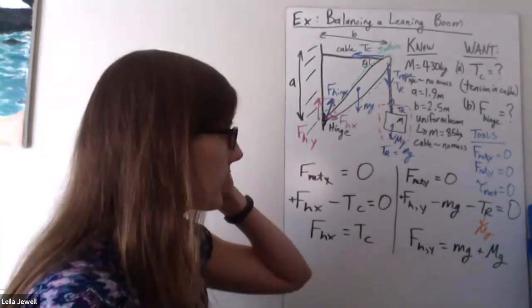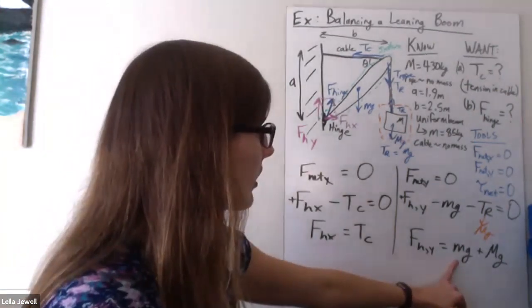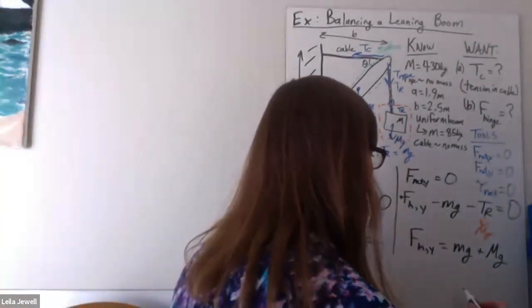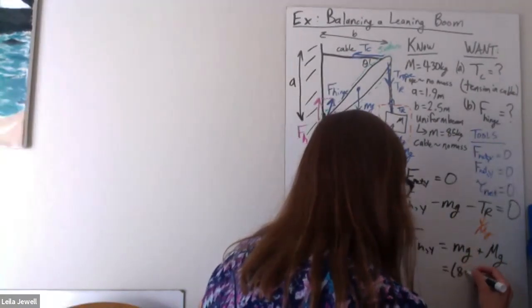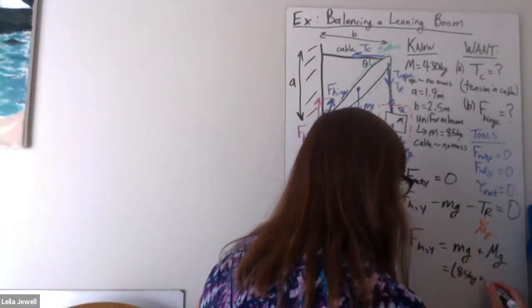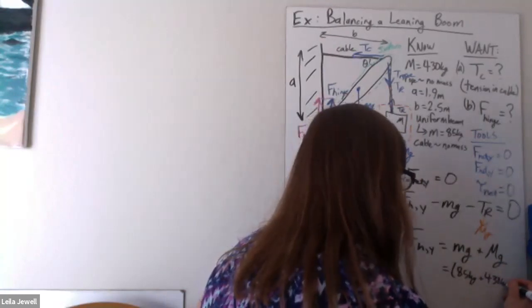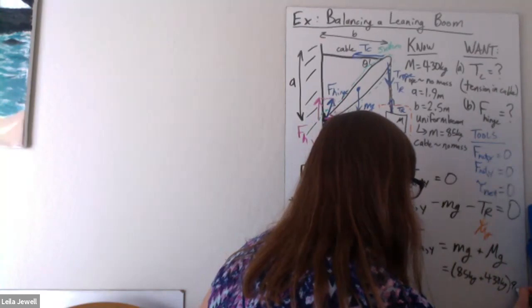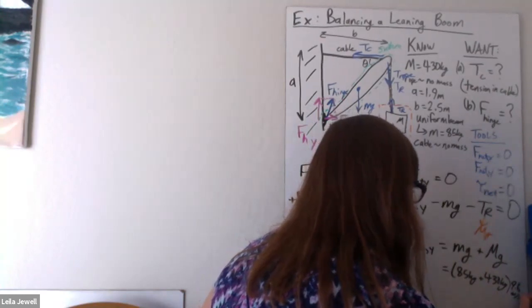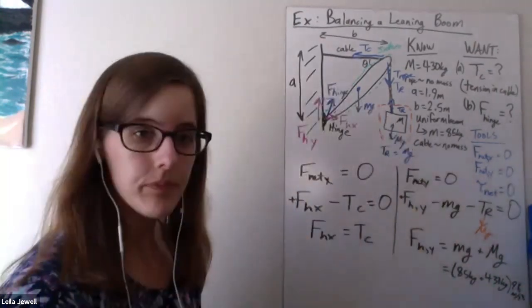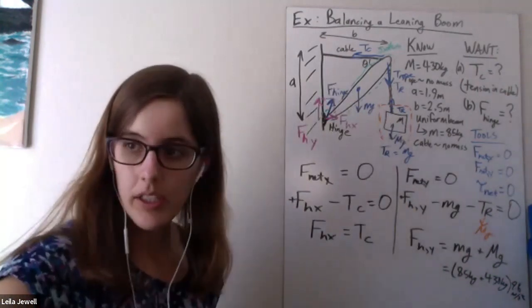And this is something we can actually calculate, right? Those are all known quantities. So we can plug in our 85 kilograms. And I'm going to go ahead and factor out the G. So plus 430 kilograms times our 9.8 meters per second squared. And we can calculate that end result.